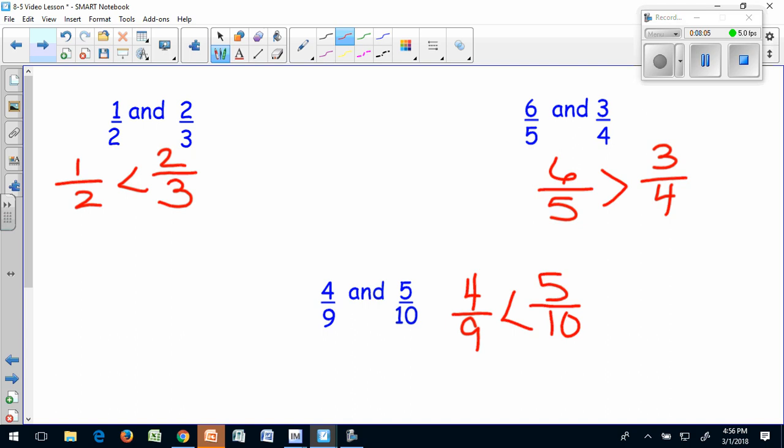These are your answers. 2/3 is greater than 1/2 because half of 3 is 1.5 and 2 is larger than that. 6/5 is larger because 6/5 is actually larger than 1/2, so it's definitely larger than 3/4. And 4/9 is less than 5/10 because 5/10 is equal to 1/2. And 4/9 is less than 1/2 because half of 9 is 4.5.